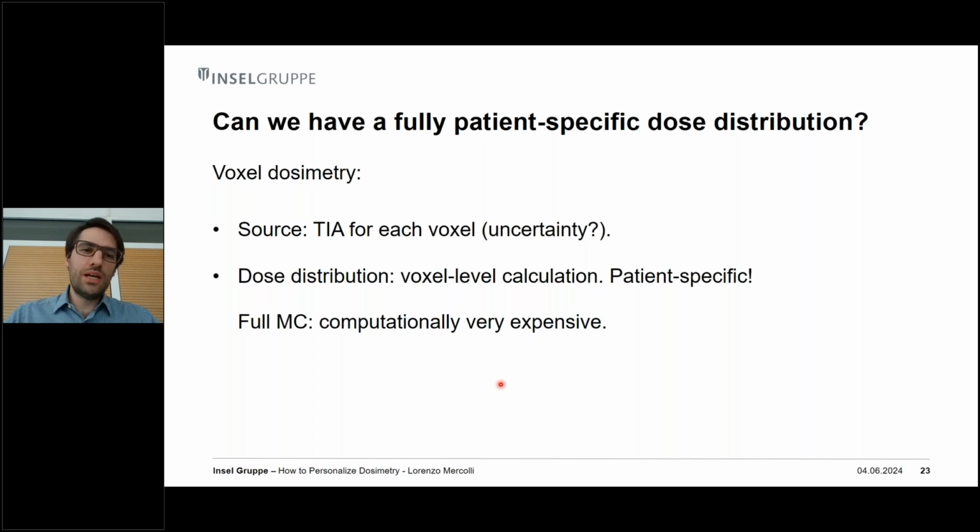However, if we want to do a full Monte Carlo simulation with each voxel as a source and each voxel as a volume of interest, this is going to take quite a while to compute. And that's why people came up with ways to circumvent this computation time.